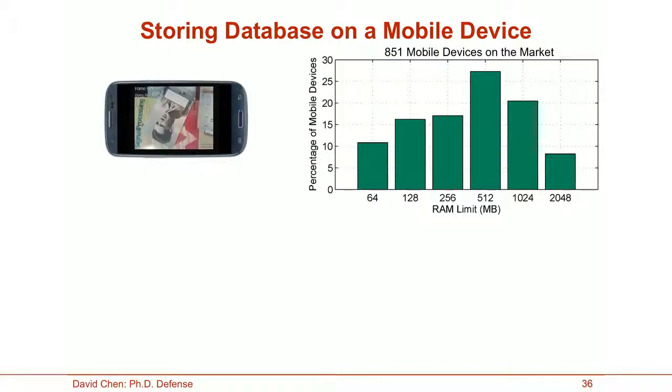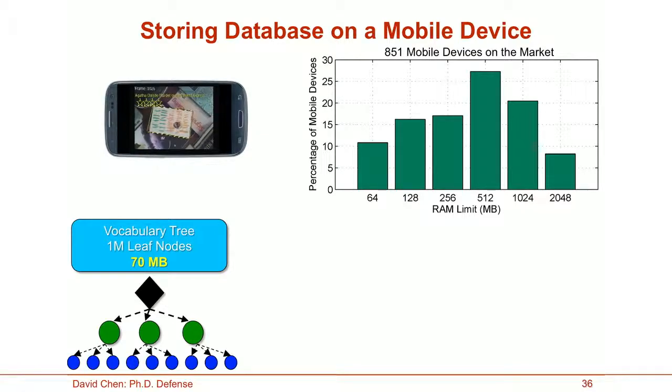Finally, in this section, I'd like to consider the practical issue of storing a large database on a mobile device. Here, I'm plotting a histogram of the RAM limits for 851 mobile devices on the market. If we try to store a vocabulary tree with 1 million leaf nodes on each of these devices, this will require around 70 megabytes.